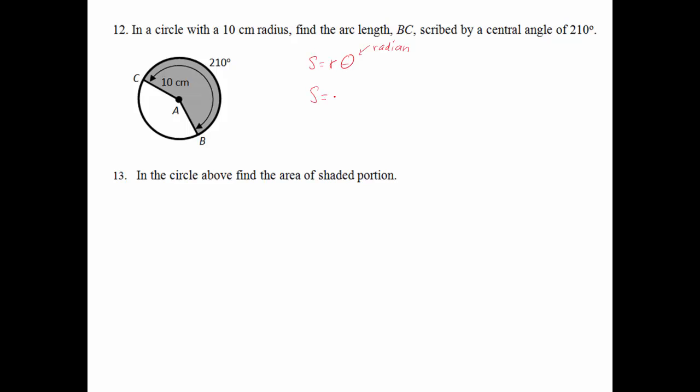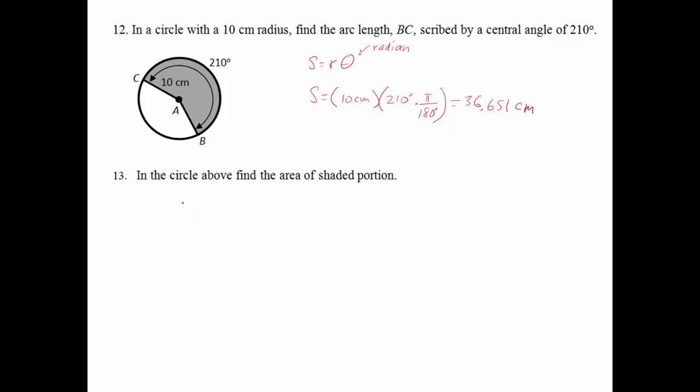So my arc length will be equal to the radius, which is 10 centimeters, times 210, and I need to convert that, so pi over 180. And then when I put all that in my calculator, I get 36.651 centimeters.